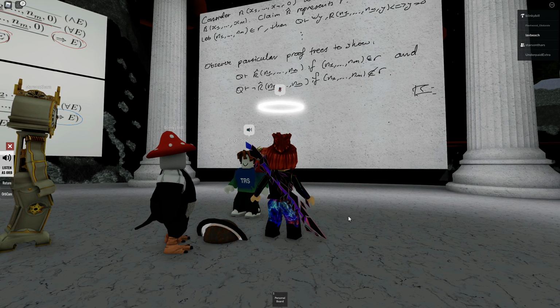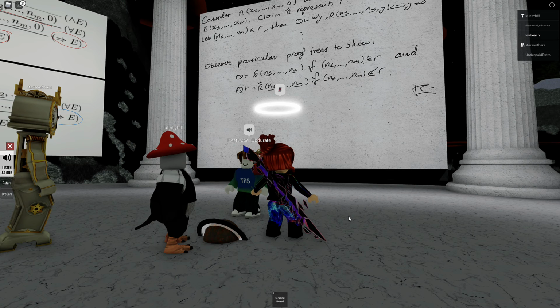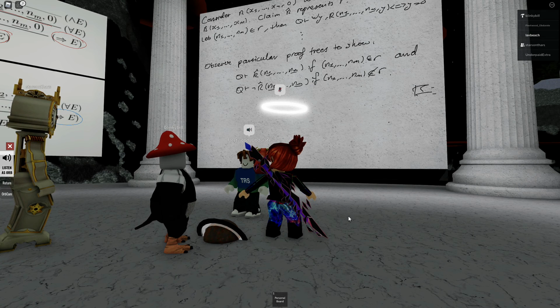If you have a sequence of formulas, here's the formula that is provable if and only if all of the other ones are provable. And so it just represents a sequence of provable formulas.